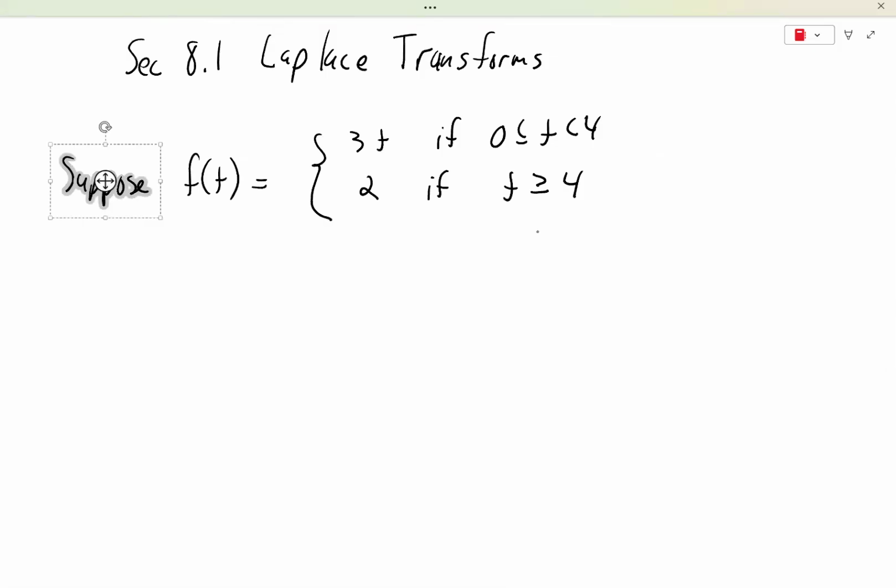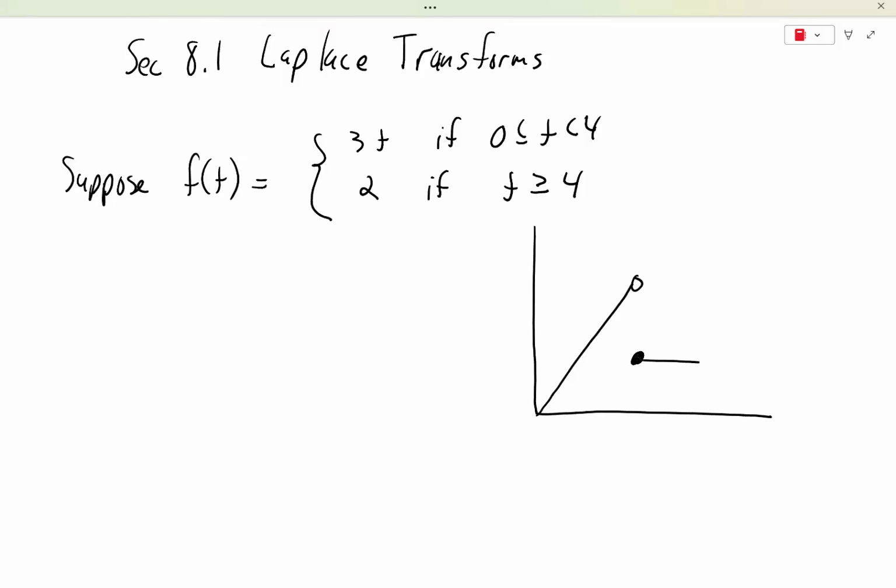And if you graph it, it looks something like this, like 3t here. This goes on forever. So it's their f of t here, on the y-axis.